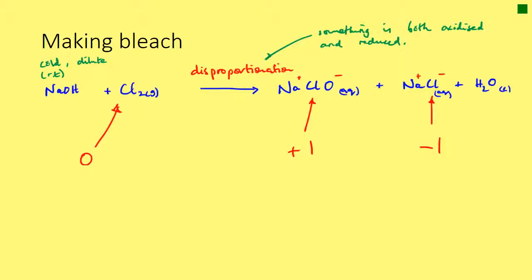It's gained an electron. Okay, so that is the reaction that creates bleach, and at the start we talked about the uses of bleach, and that's what you need to know about bleach.